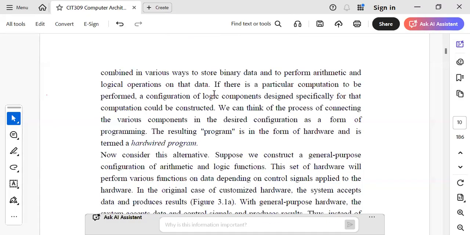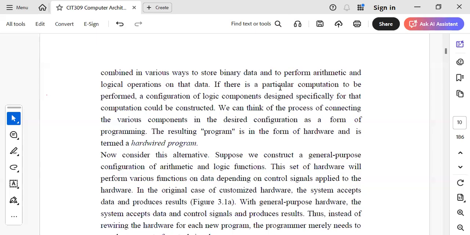We now go to something else here that says that if there is a particular computation to be performed, a configuration of logic components designed specifically for that computation could be constructed. What we are saying is that some of these designs are like an answer to a problem, a solution to a problem.